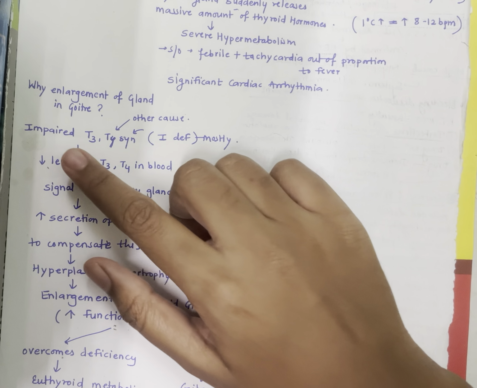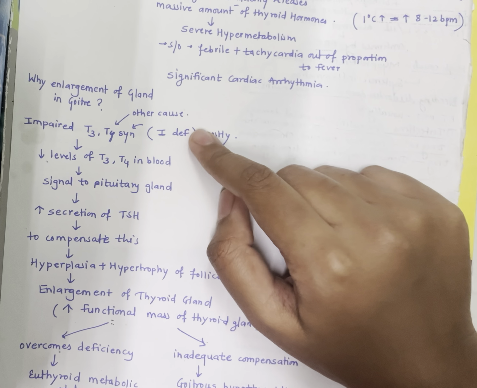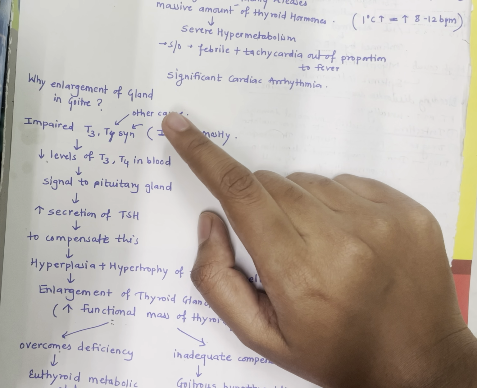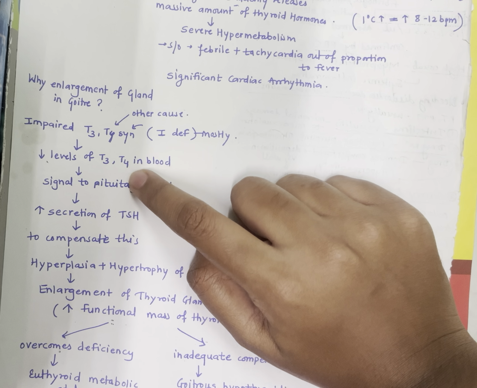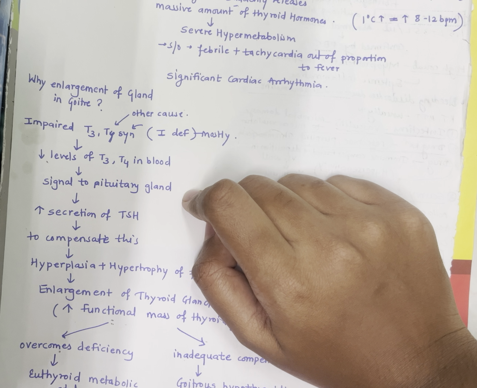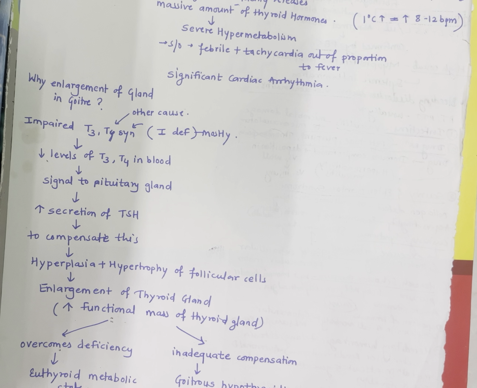So what happens is there is impaired T3 T4 synthesis due to either iodine deficiency, which is the most common reason, or any other cause, due to which there will be decreased T3 T4 levels in blood, which gives signals to the pituitary gland. Therefore the pituitary gland will increase secretion of TSH.